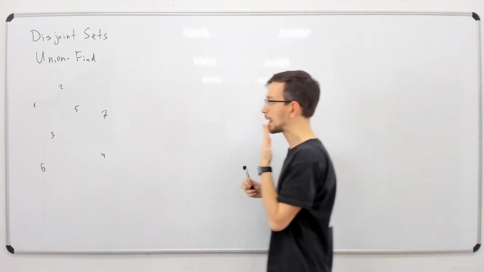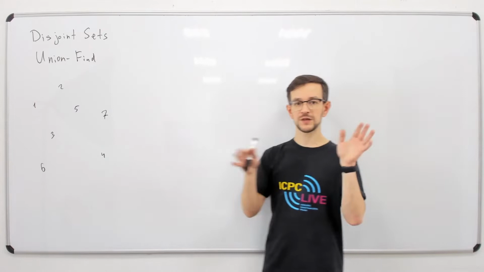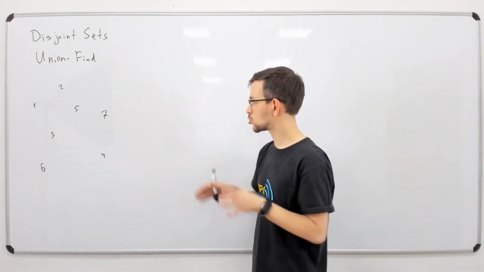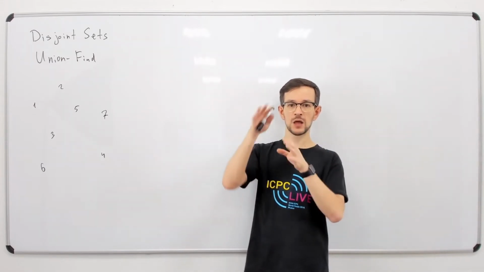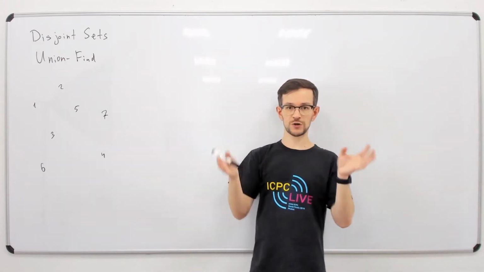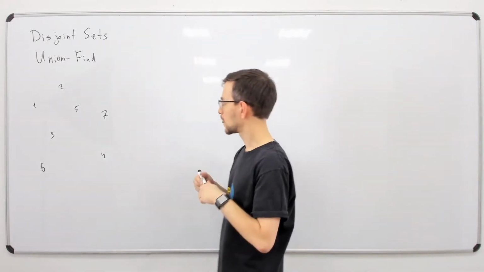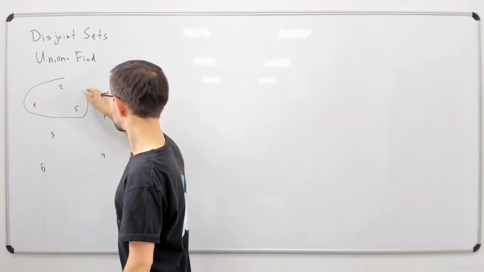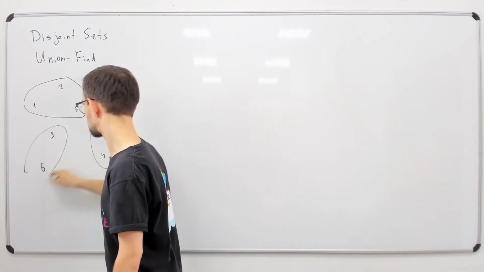So we have 7 objects, and these objects are grouped into some sets. Each object belongs to exactly one set, so we have some number of disjoint sets. That's why it's called disjoint sets. For example, here we have a set of these 3 elements, these 2 elements, and these 2 elements.